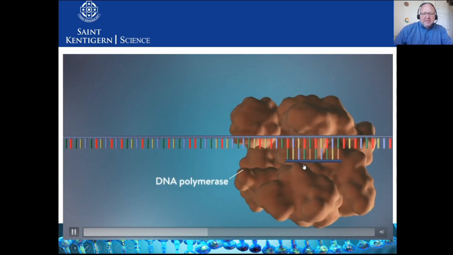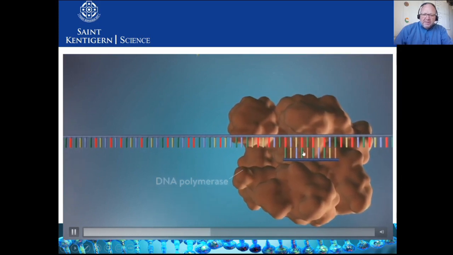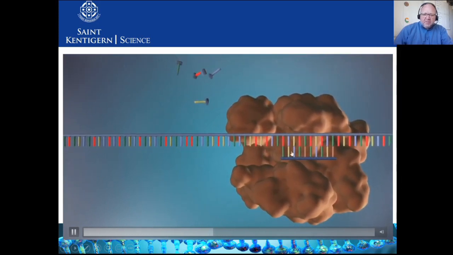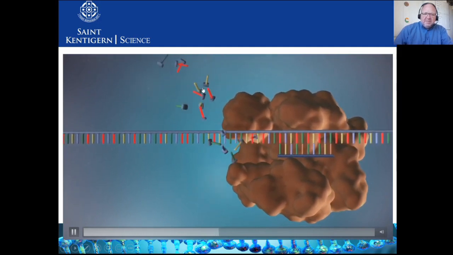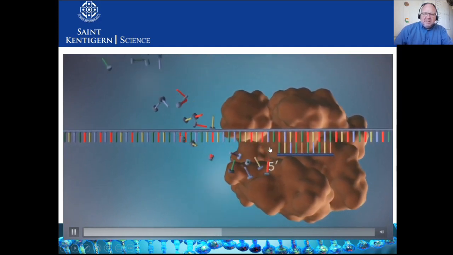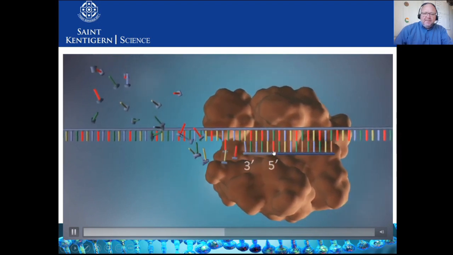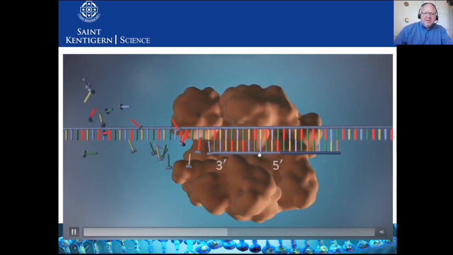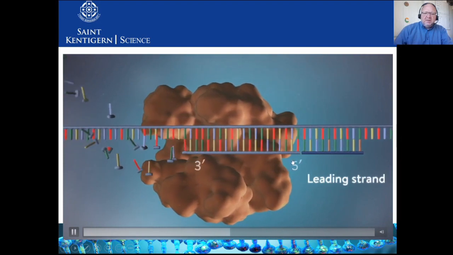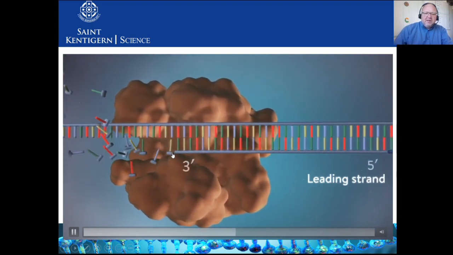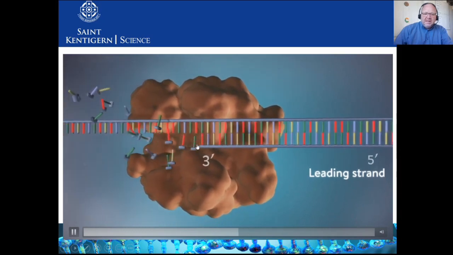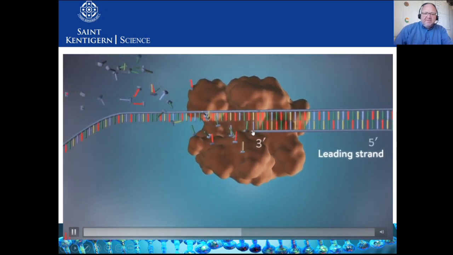And here he comes. Now, you can see why the binding site is so specific and why the shape of the enzyme is so specific and so important. And here come the DNA bases or the nucleotides, and as I say, the DNA strand is going to be created in the 5' to 3'. So 5' moves on and 3' goes the new one. Okay, and in a complementary fashion.